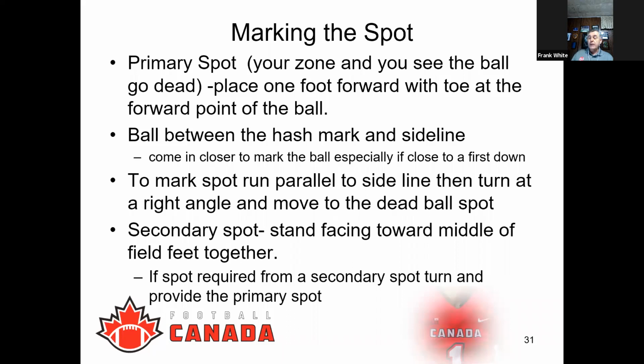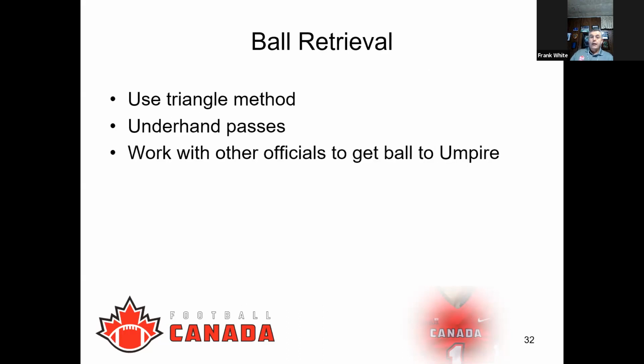Sometimes the primary official may have gotten blocked out and couldn't see where the ball went dead, and so you'll make eye contact and you'll get a deer in the headlights look from your primary official, and then you'll have to take your secondary spot and turn it into a primary spot.